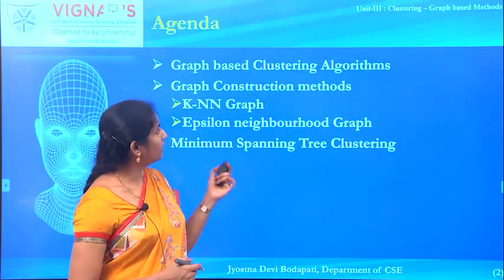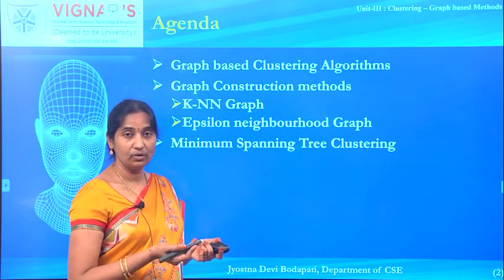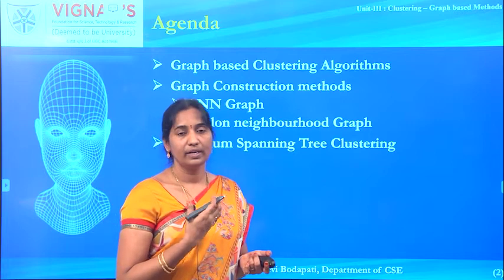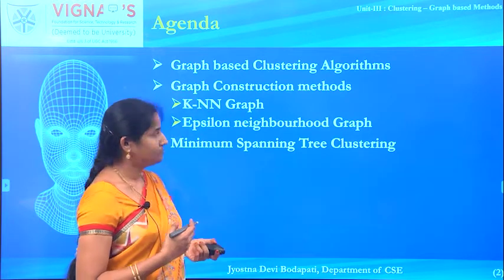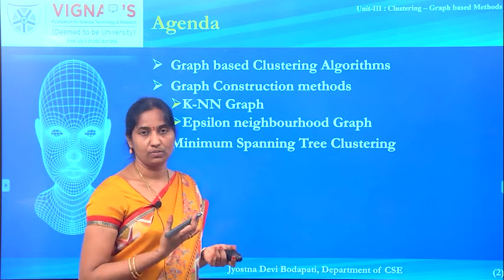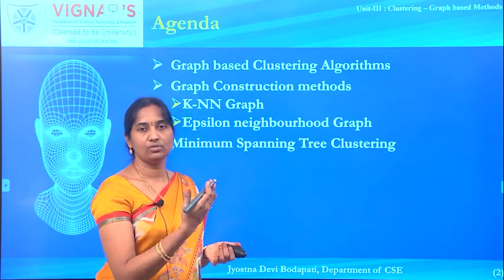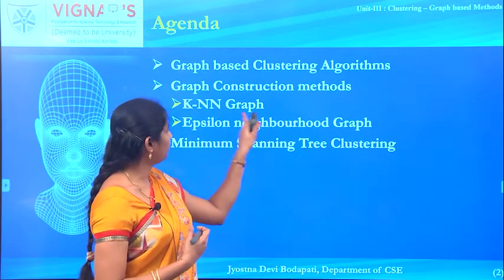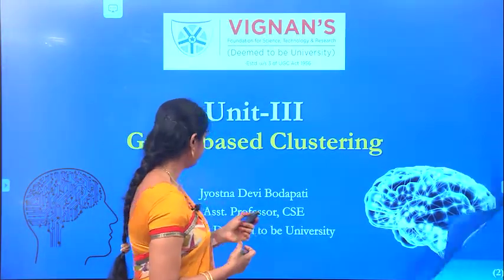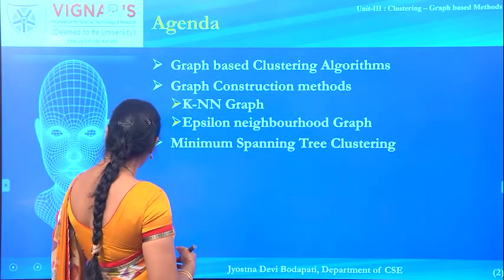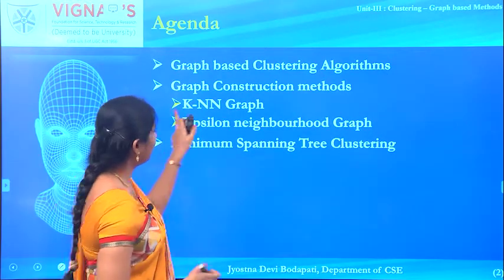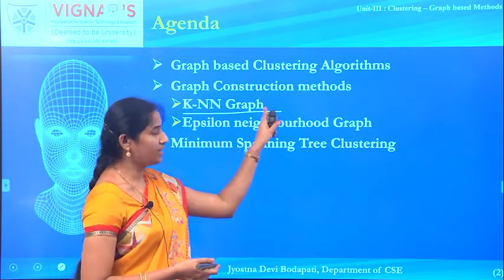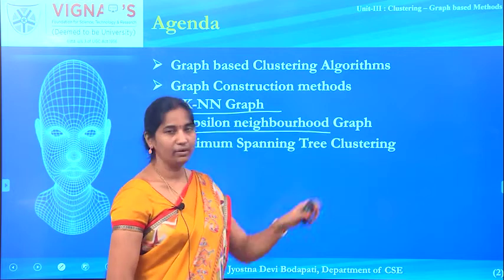In this lecture we will be discussing what graph based clustering algorithms are and how graph theory can allow us to define the clustering. Then the various graph construction approaches. To apply graph based clustering, we should first understand how to construct the graph given the data. There are basically two different methods for graph construction: the k-nearest neighborhood graph and the epsilon neighborhood graph.